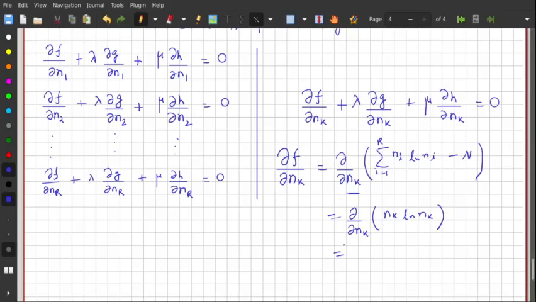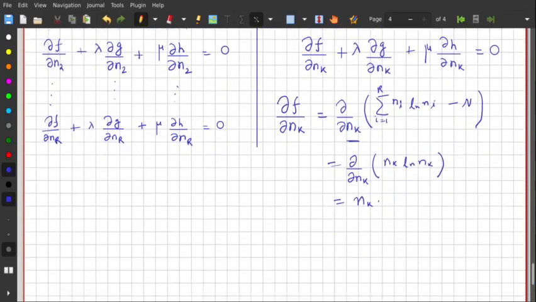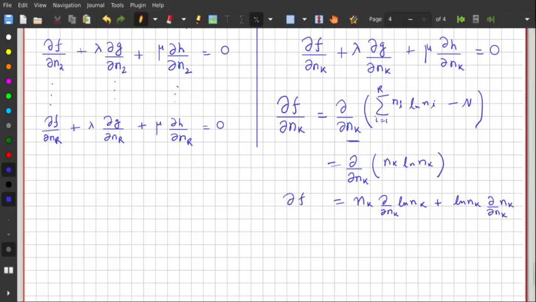Okay, and now we can use the product rule of derivatives. So nk as it is times the derivative of log nk, plus log nk times the derivative with respect to nk of nk itself.